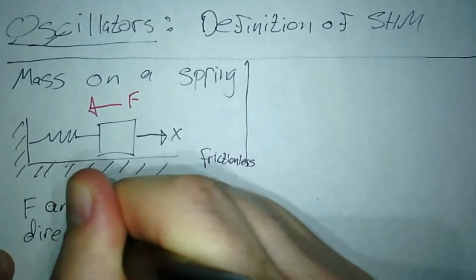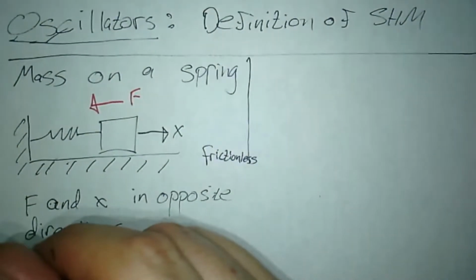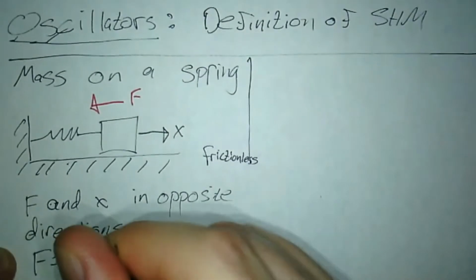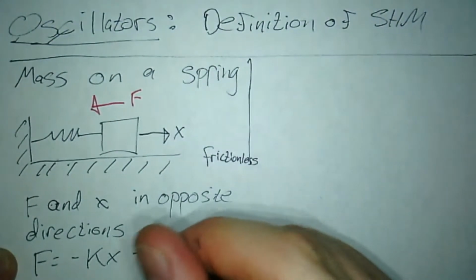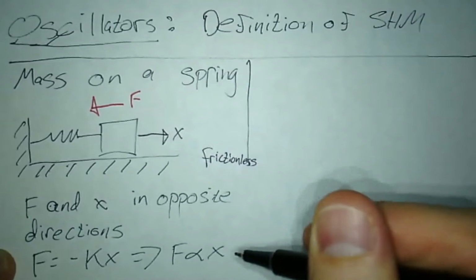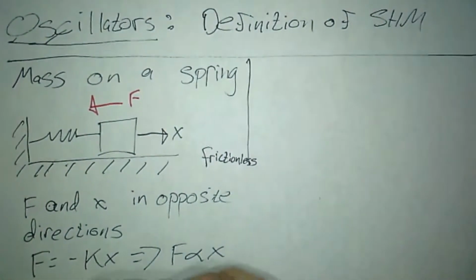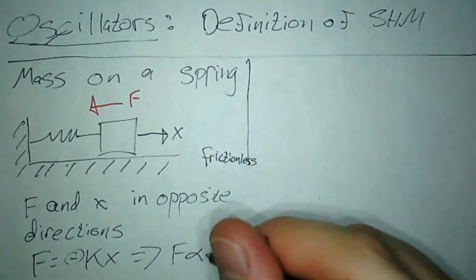But this is also a spring, right? So for a spring, I know that force is equal to minus kx. So that tells me force is proportional to x as well. So the definition we want is to combine these things, and really I just need to pull this minus sign over to here.